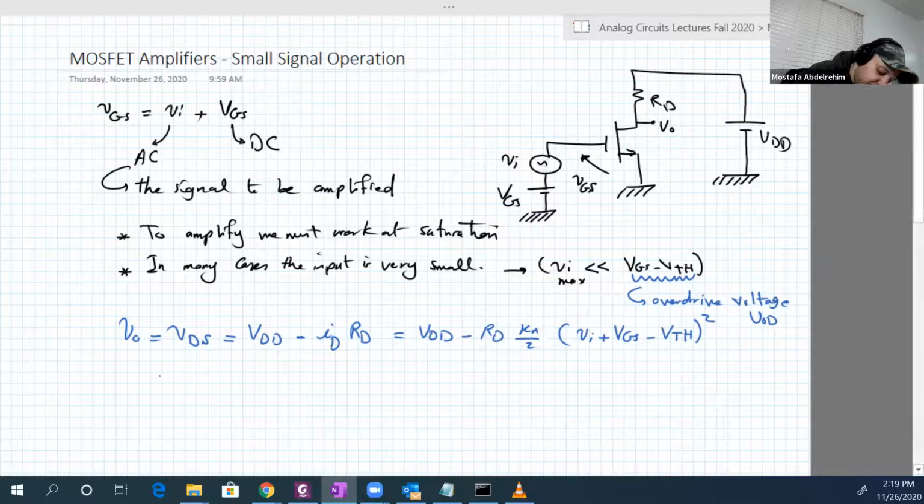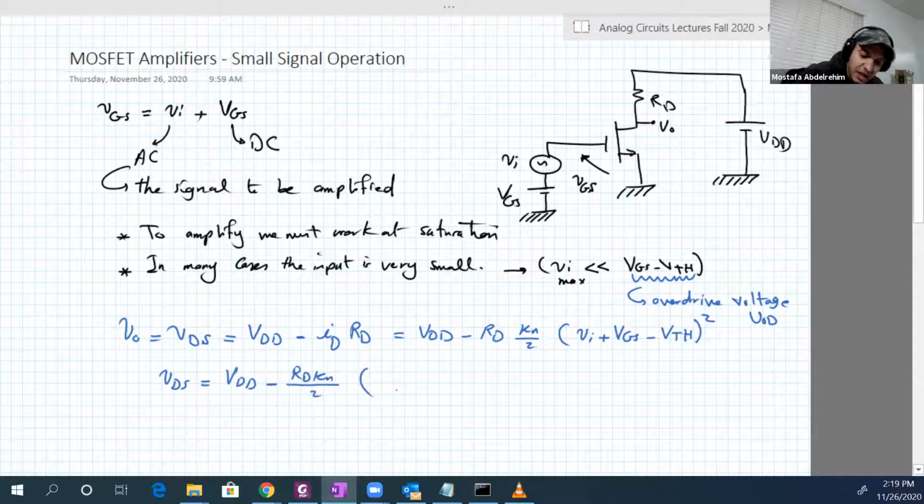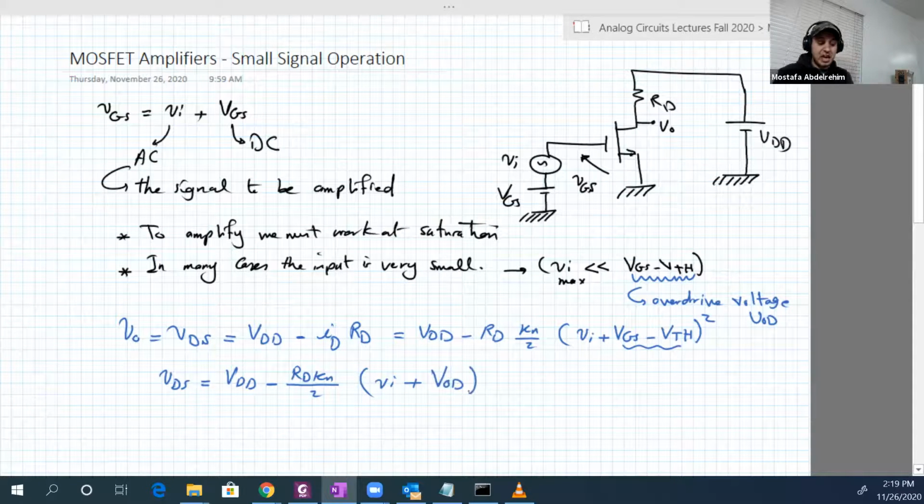Okay, so vDS is equal to VDD minus RD Kn over 2, and here this guy is overdrive, so Vi plus V overdrive. I'm sorry, overdrive is complete DC, so everything should be capitalized.